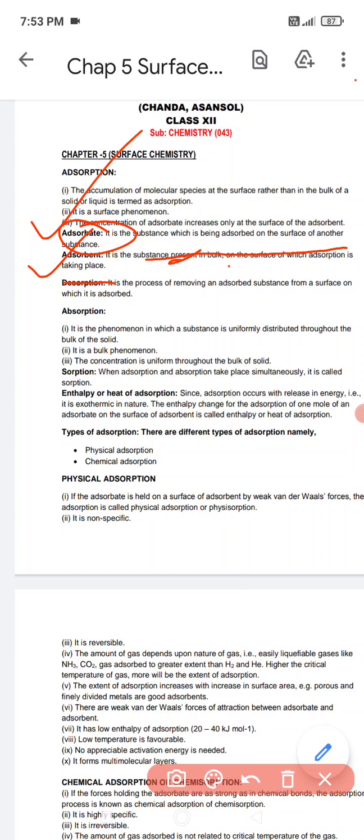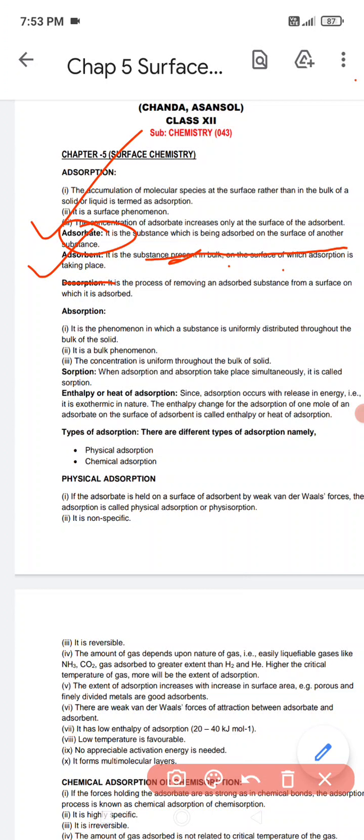So what is the adsorbate? The water which is adsorbed is called the adsorbate, and the thick piece of sponge is called the adsorbent. The substance which is adsorbed is the adsorbate, and the substance on which adsorption takes place is called the adsorbent.